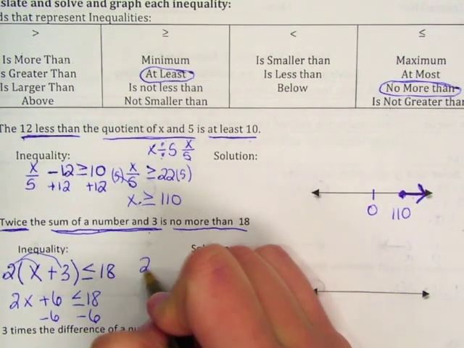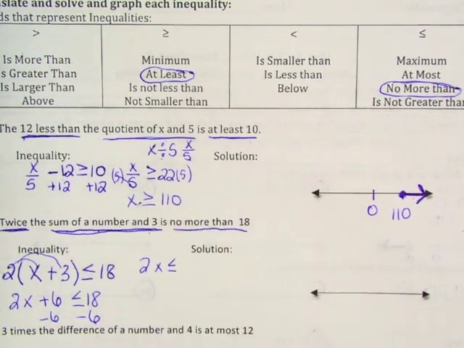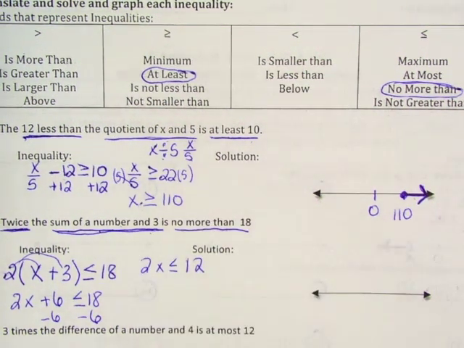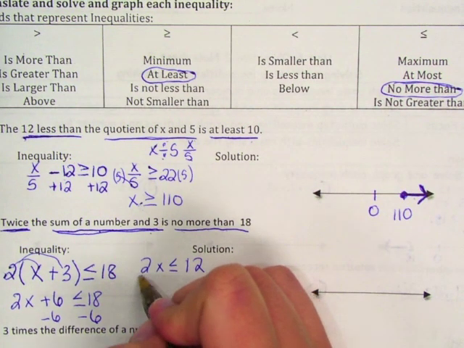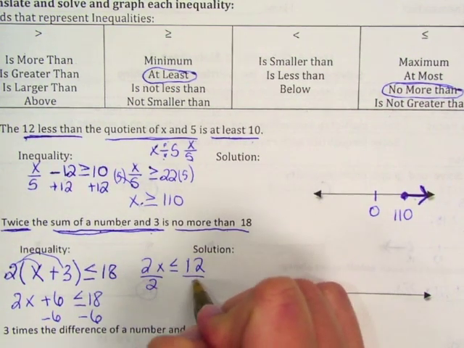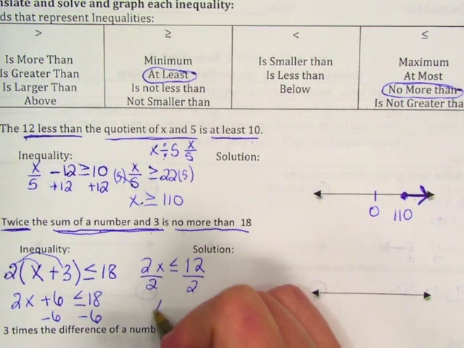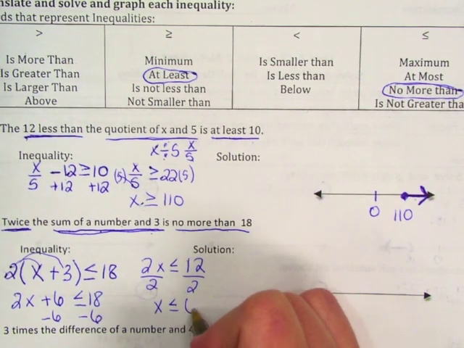Then I'll have 2x is less than or equal to 12. Then I'm going to divide both sides by 2 to get x by itself. And when I divide both sides by 2, I'll get x is less than or equal to 6.